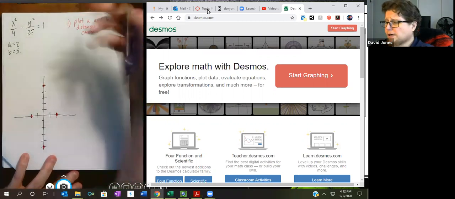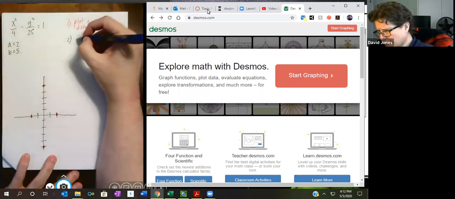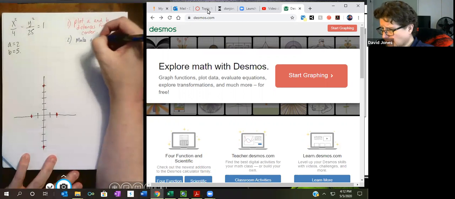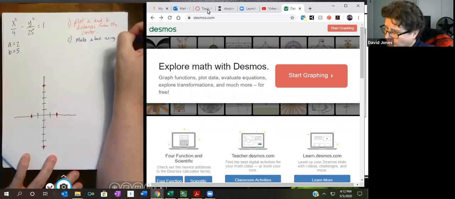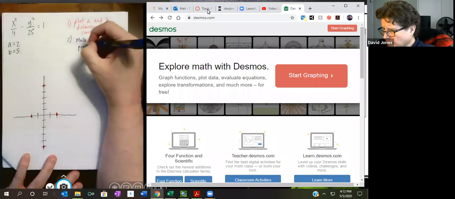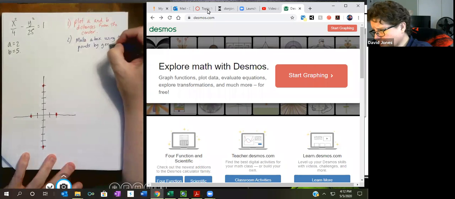Part 2, make a box using those points by generating more points.